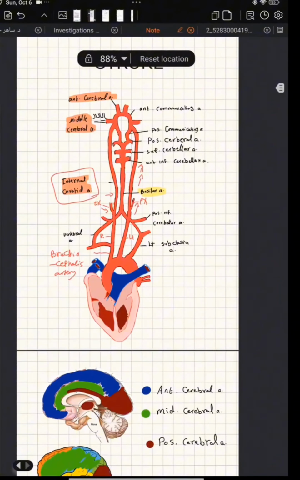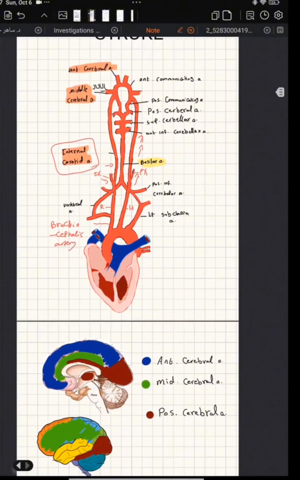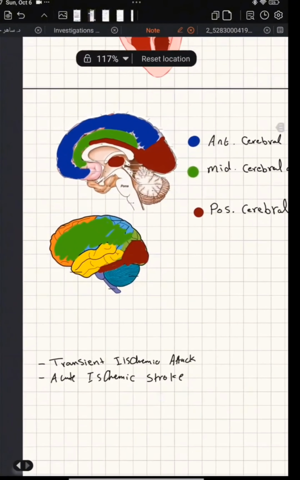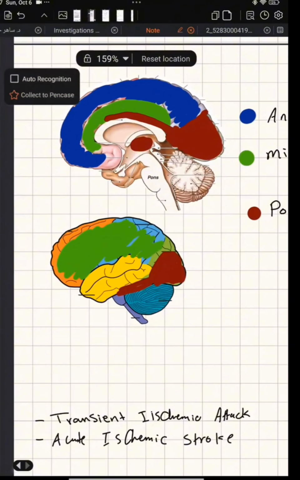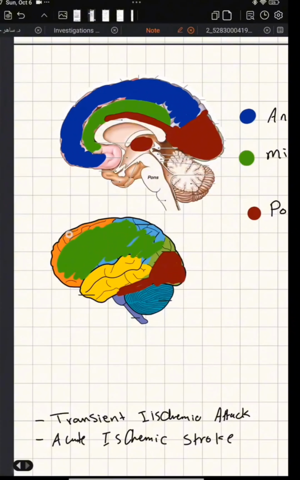Okay, so you know that the primary motor cortex is located within the frontal lobe. This is the frontal lobe. There is a primary motor cortex, which is responsible for the movement of muscles on the contralateral side.